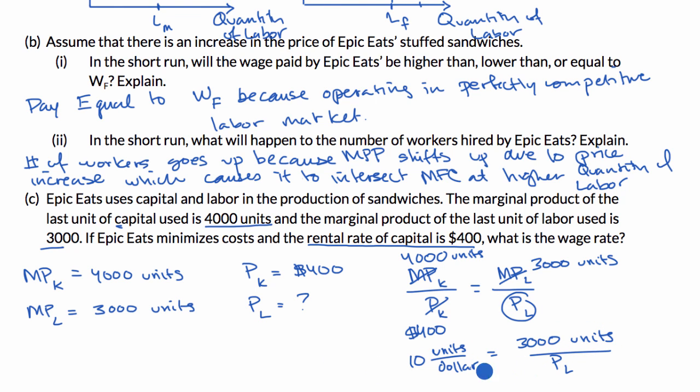And so you just do a little bit of algebra, multiply both sides by the price of labor, divide both sides by 10. This gets you to $300 for the incremental cost of labor. So the price of labor is equal to $300. And you can verify that. You could plug it back in if you like. And we're done.